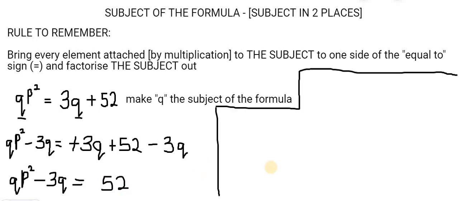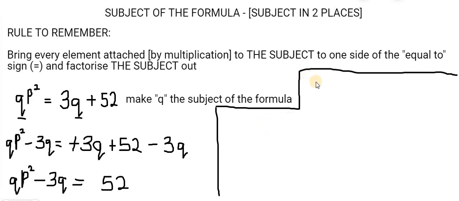Okay? Now, next thing to do, everything with Q is on one side, so I factorize Q out from the left. How do I do this? We have covered this in a previous video, but I will briefly cover it here again. But for full understanding, you should have watched the previous video and understood it before you get to this point.